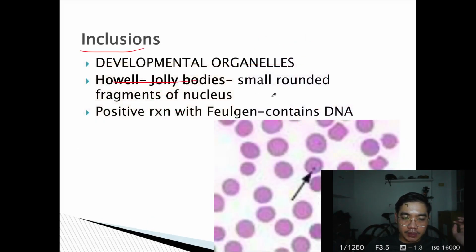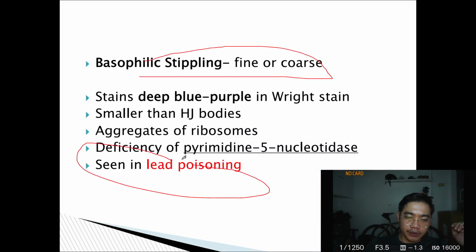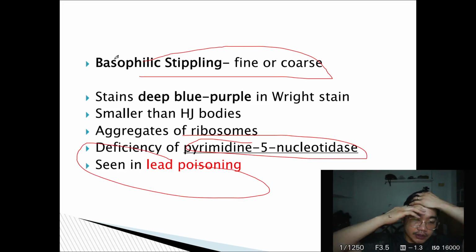Agglutination, Howell-Jolly bodies, nucleus, no, positive in Feulgen tests. So that's our fragments of nucleus. Basophilic stippling. So this is usually due to lead poisoning and pyrimidine 5' nucleotidase deficiency. So how do you differentiate your basophilic stippling?